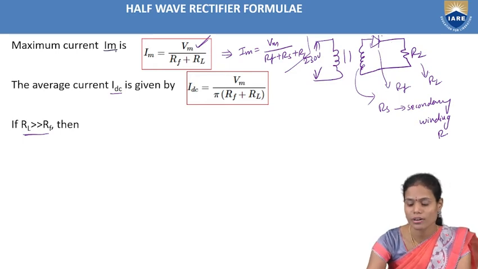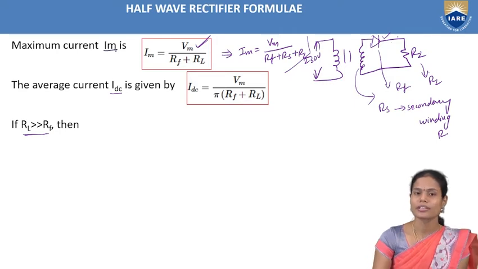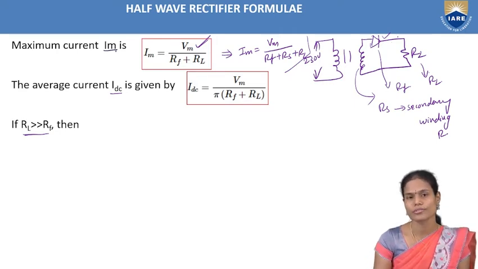When the diode is in the forward bias condition, the resistance value is very less, but when the diode is in the reverse bias condition, the reverse resistance is very high. Here we are considering the conducting state of the diode, so we take the forward resistance into consideration, and that forward resistance is very less compared to the load resistance.